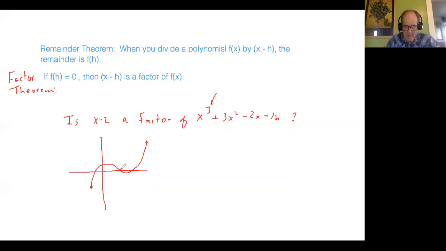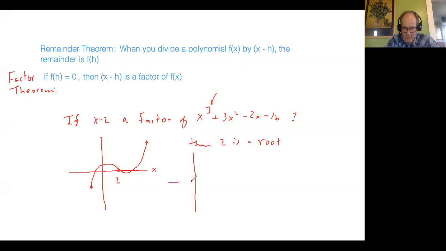And what it's saying is that 2 is a root. So if x minus 2 is a factor, then 2 is a root. And a root is where the graph crosses the x-axis. Now, it could have been sort of different.